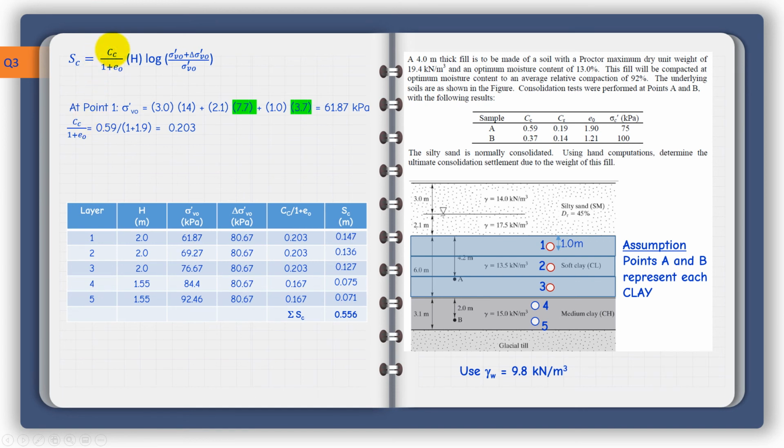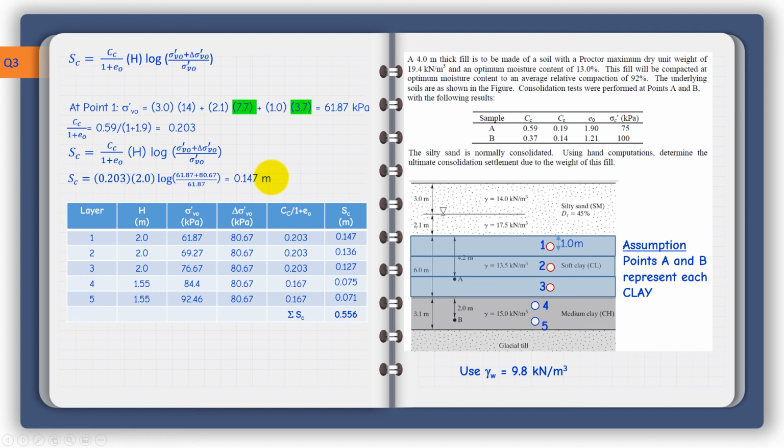And when I substitute here, C sub C divided by 1 plus e naught, C sub C is 0.59, as you can see. And the initial void ratio 1.9. So this has given me 0.203. I substitute here in this formula: 0.203 times the thickness of the layer, that's 2, log of (61.87 plus 80.67) divided by 61.87, and this has given me 0.147 meter.